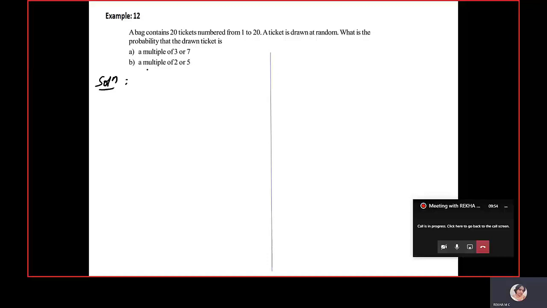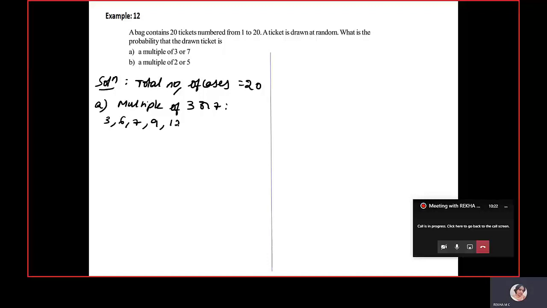Solution. Since a bag contains 20 tickets, total number of cases is equal to 20. Subquestion A, multiple of 3 or 7. That is 3, 6, 7, 9, 12, 14, 15, 18.